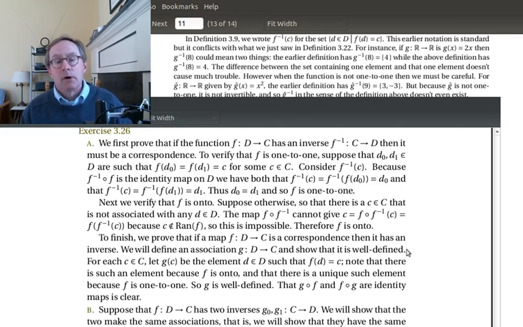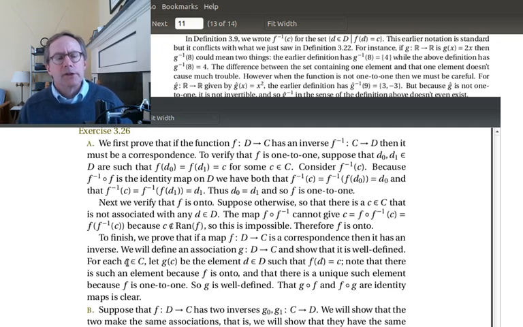The hard part will be showing that it's a function. Sorry, I have this backwards. G is supposed to map C to D. I apologize. That's supposed to be capital C and capital D. That's a typo.